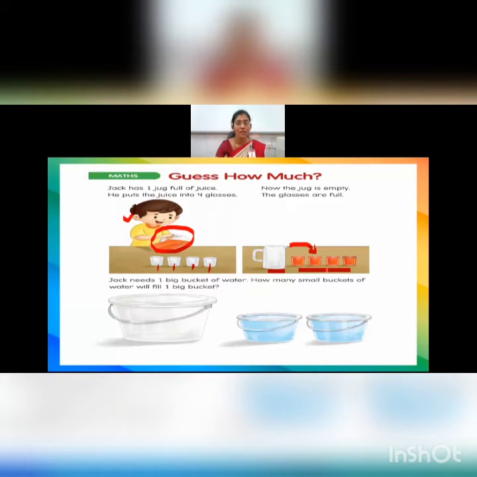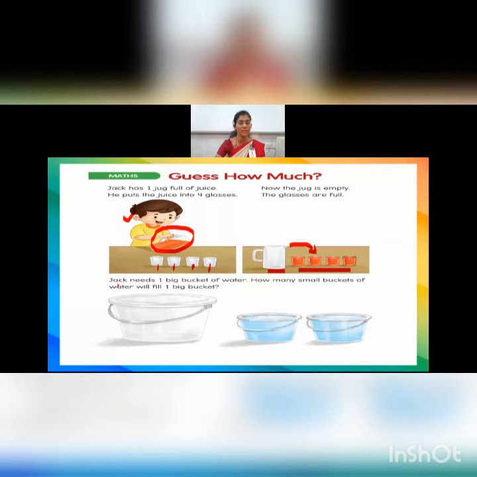We know that these 4 cups fill the jug. So the amount of water in the jug is the same as the amount of water in the 4 cups. So the jug holds 4 cups of water, and we also come to know that the jug can hold more.